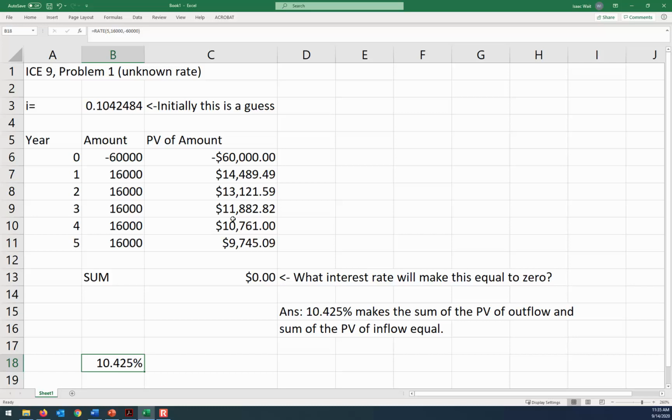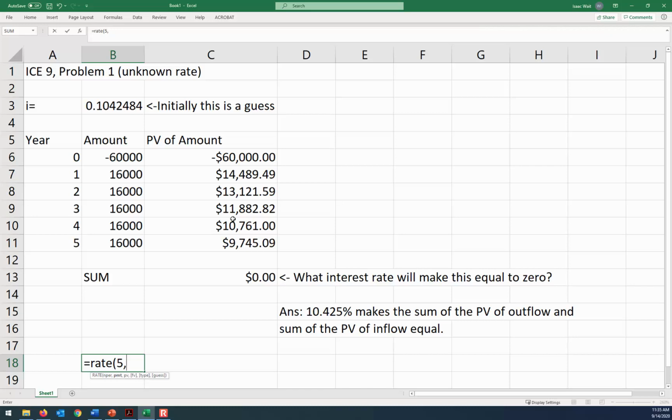It's iteratively doing that goal seek and finding what's the interest rate that makes the inflows and the outflows equal to each other. So let me just show that real quick because it was so simple you might have missed a certain part. So equals rate, parentheses, number of periods, there are 5 periods.